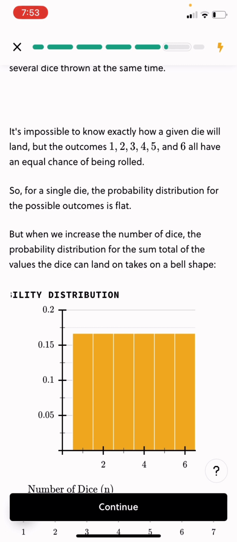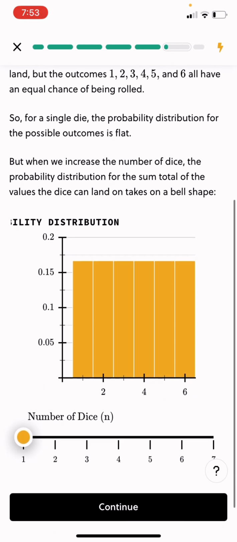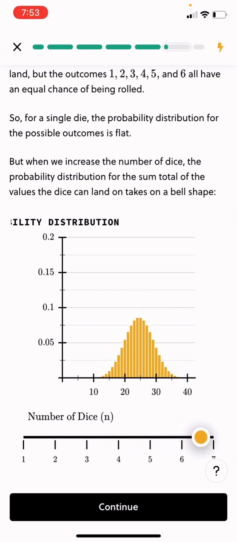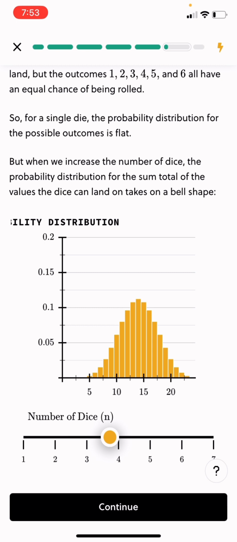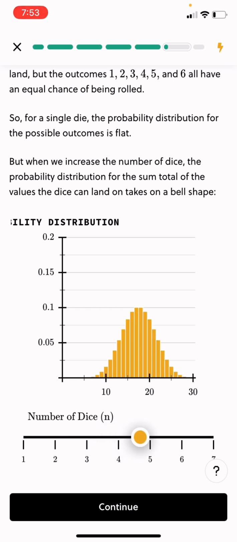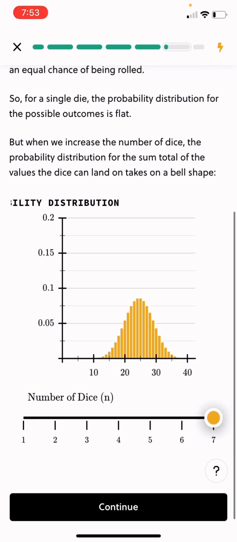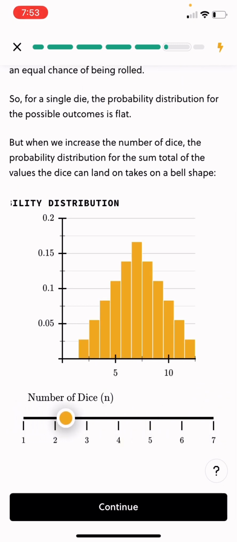But when we increase the number of dice, the probability distribution for the total sum the dice can land on takes on a bell shape. We can see. Can you see a bell-like shape? It goes from more like a flat graph to this.